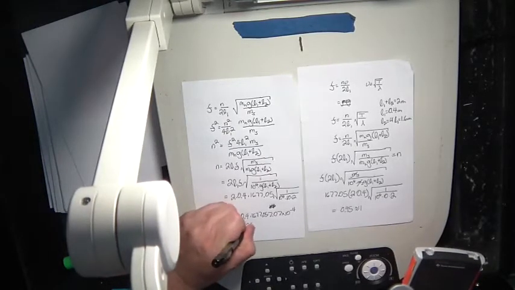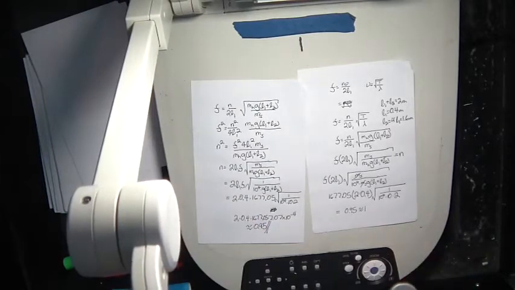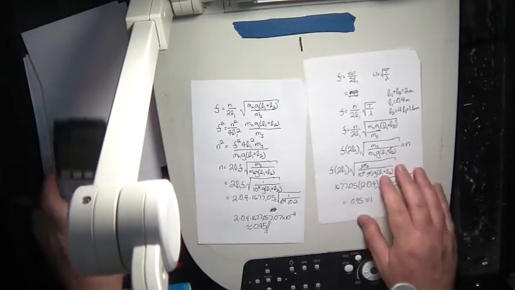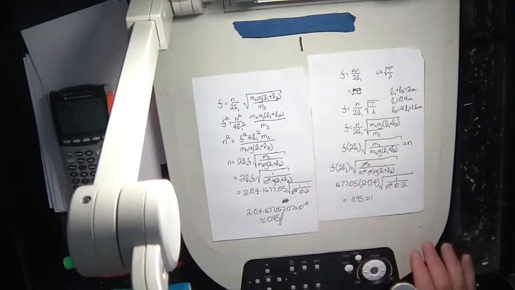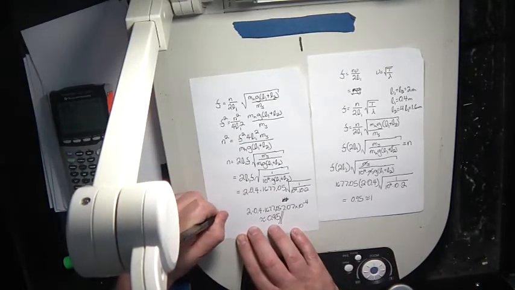So I still get about 0.95. The only thing different for you was the frequency that you had. What was the frequency that you got? 3,300.